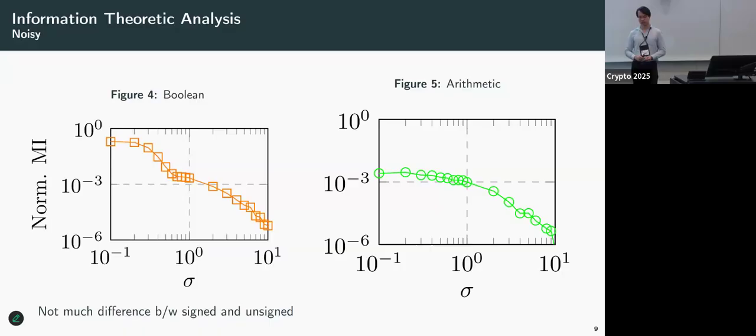But regardless of the noise level, Boolean masking will still leak more information for the attacker. In particular, when the noise level is low, you could see that Boolean masking provides far more information for the attacker in comparison to arithmetic masking. With this, we could draw the observation that Boolean masking should be the target for an attacker.